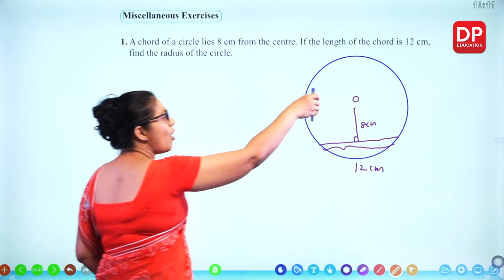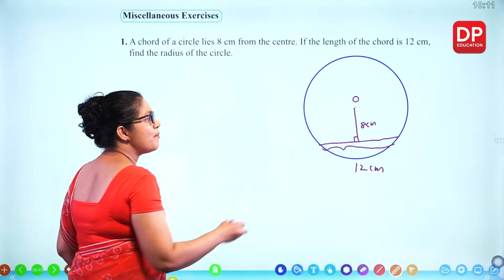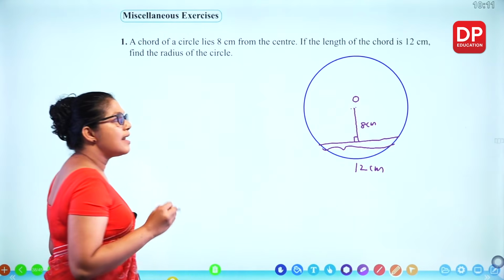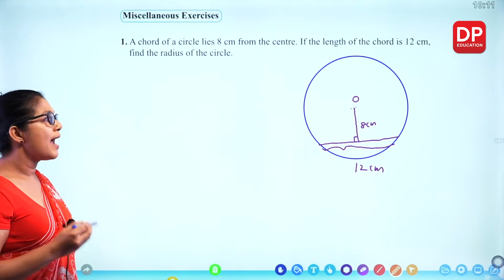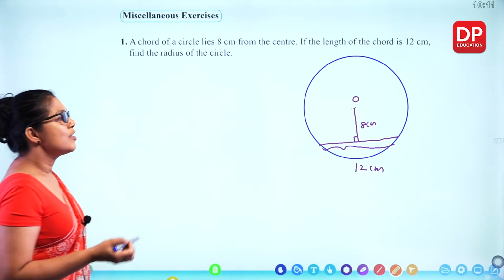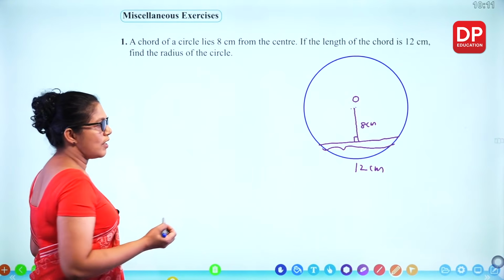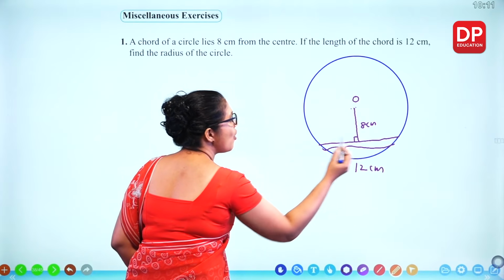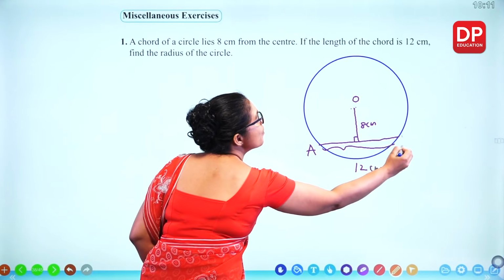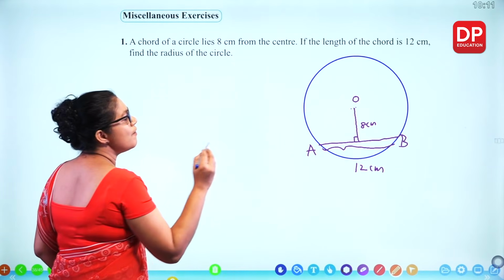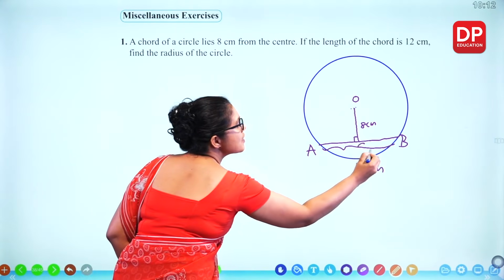Now, according to the Converse theorem, when you draw a perpendicular line from the center to the chord, it bisects the chord. So what can you say about this chord? If we put AB as the chord, we'll put C here.